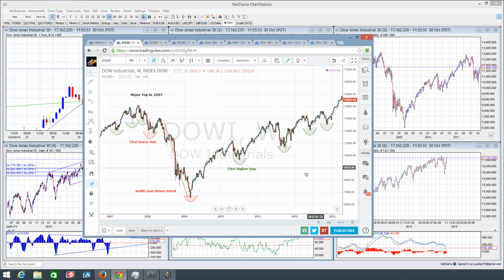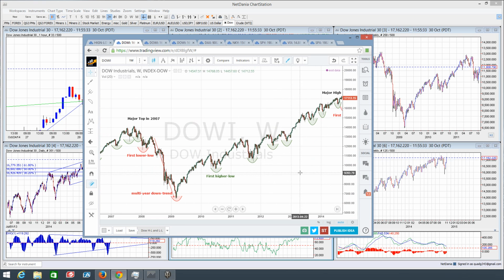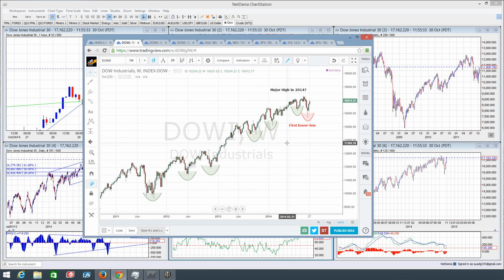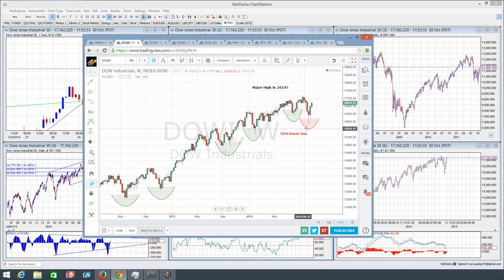Here's the uptrend. I don't know what you want to call this bubble, whether it's the Fed bubble or the U.S. government bubble, however you want to look at it. After this last lower low, we did see our first higher low, and the market has taken off since. And right about here, we've seen what looks like our first lower low in this market.